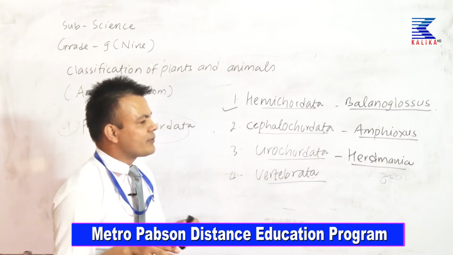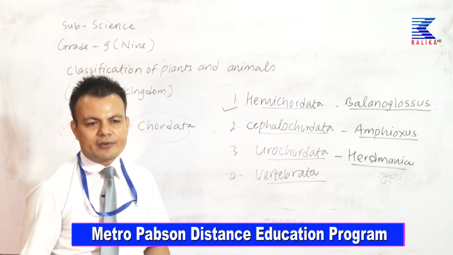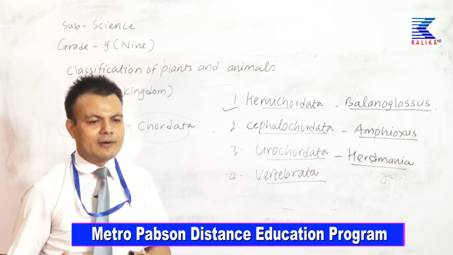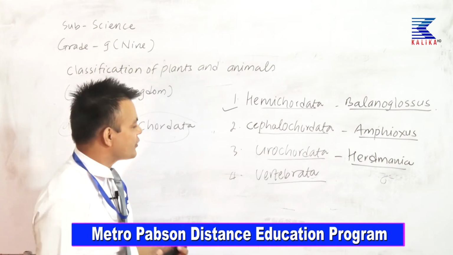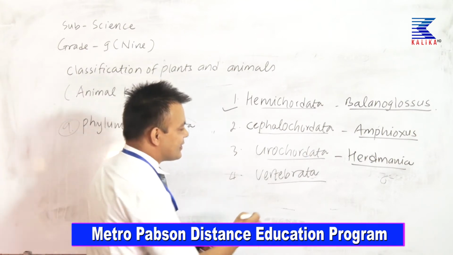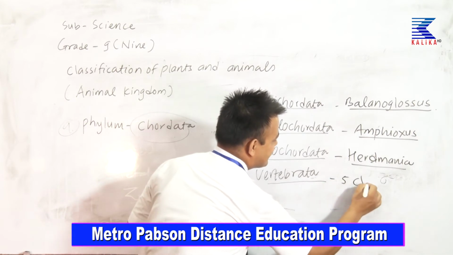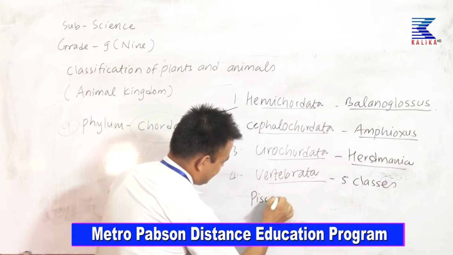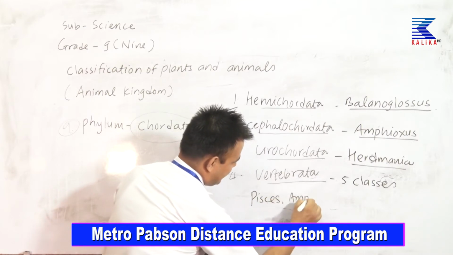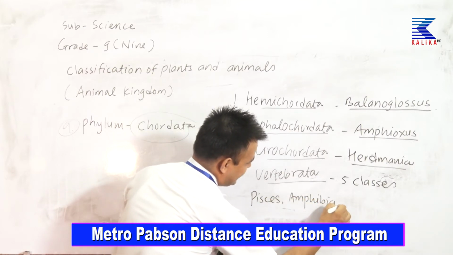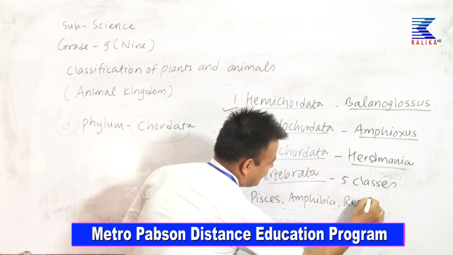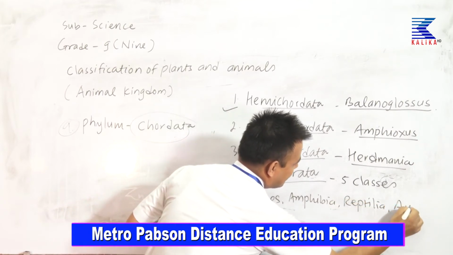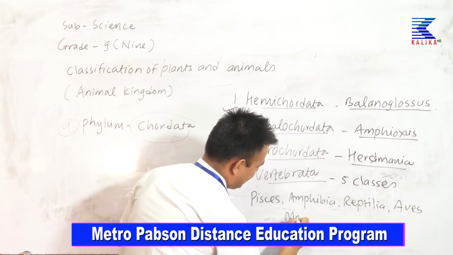Vertebrata means the true vertebrates. The notochord develops into the backbone, the vertebral column. These organisms are called vertebrates, and they are divisible into 5 classes: class Pisces, Amphibia, Reptilia, Aves, and finally Mammalia.